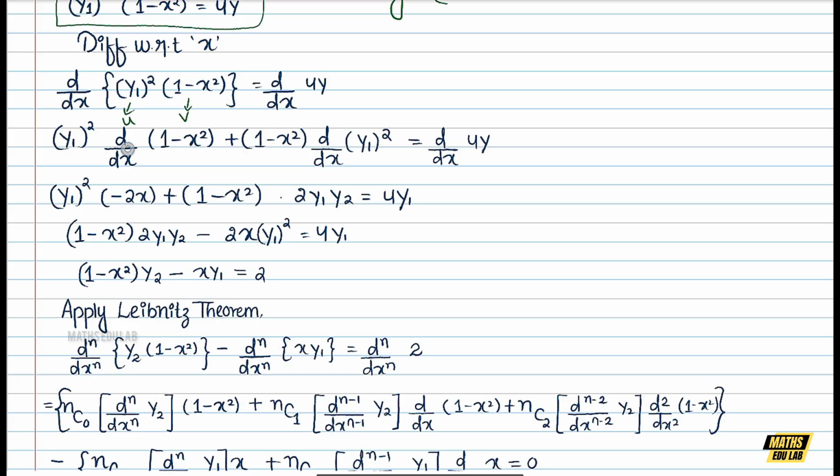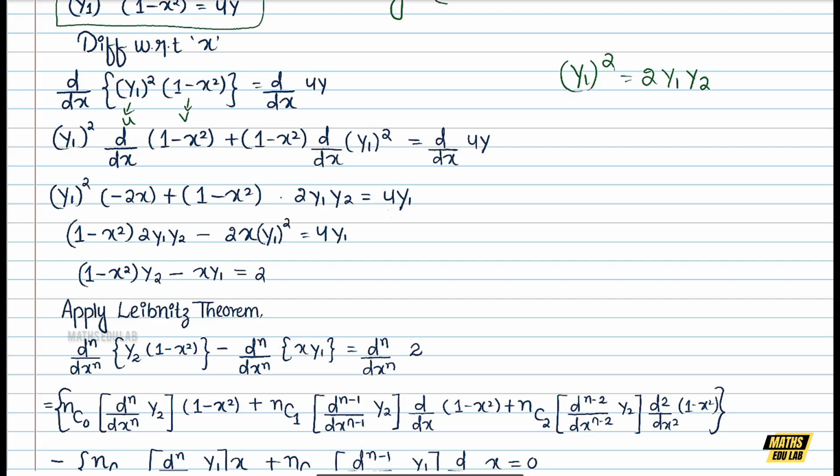On solving, the derivative of 1 minus x square will be minus 2x, and the derivative of y1 whole square is nothing but 2y1, again y2, the derivative of y1 will be y2. So this is what I have written. 4 is a constant value, the derivative of y will be y1. So on arranging this equation, we got 1 minus x square into 2y1 y2 minus 2x y1 whole square is equal to 4y1.